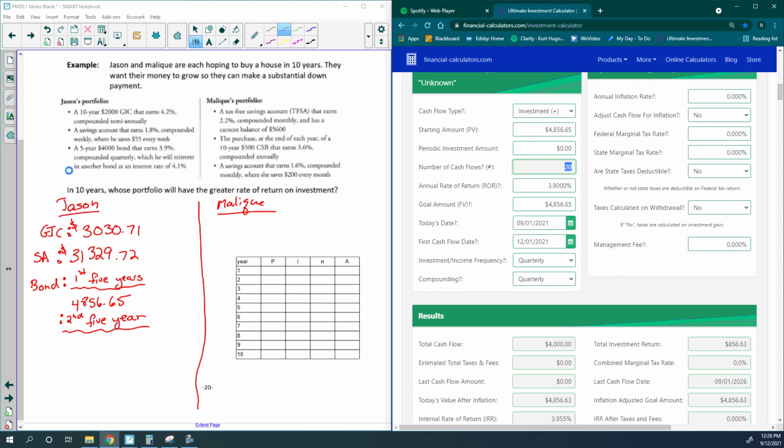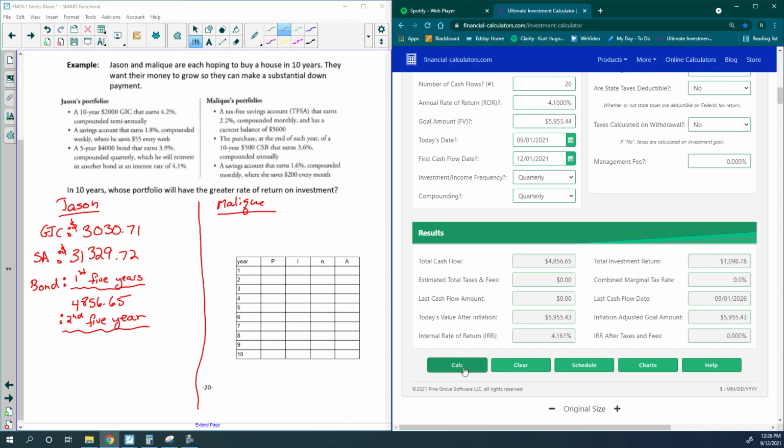Number of cash flows, we're still doing it quarterly for another 5 years, so it remains 20. But now our interest is 4.1%. Goal amount is unknown. My dates are going to stay the same because we're still doing quarterly. And at the end of those next 5 years, it's going to be worth $5,955.44.